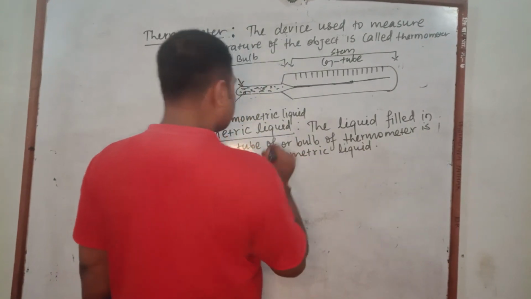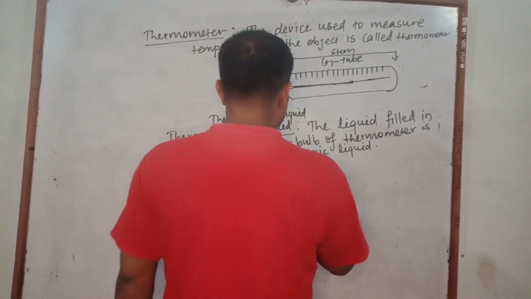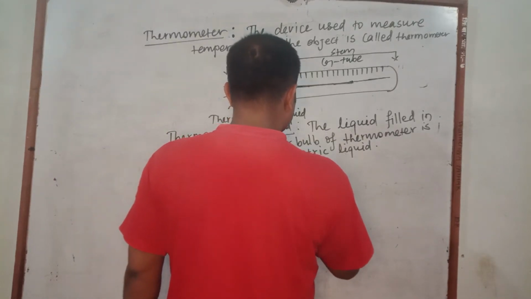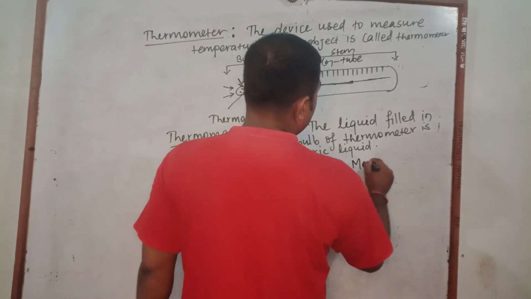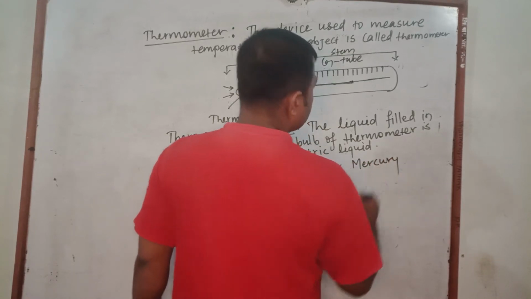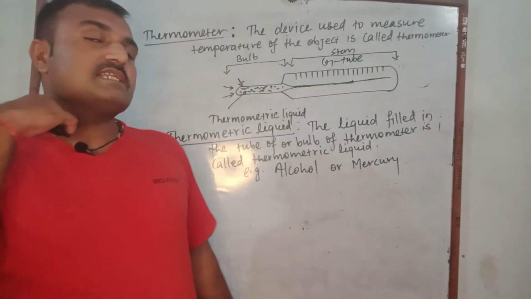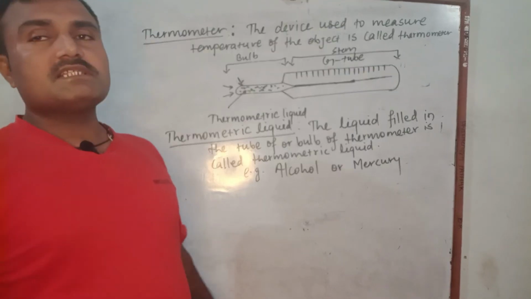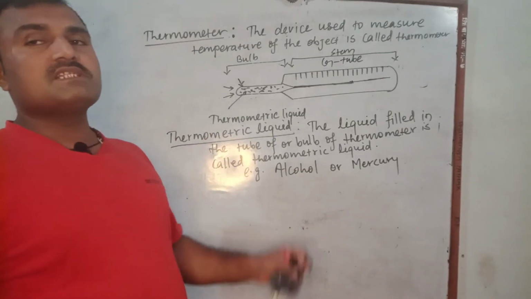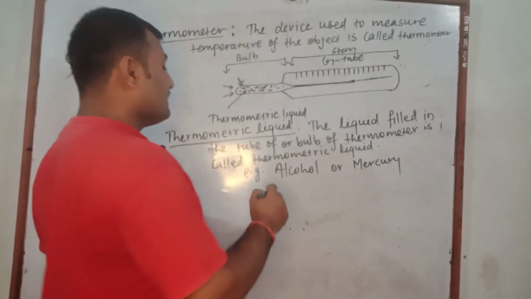Mainly two substances are used as thermometric liquid, either alcohol or mercury. These two substances are popular thermometric liquids. Other liquids like water can't be used as a thermometric liquid.